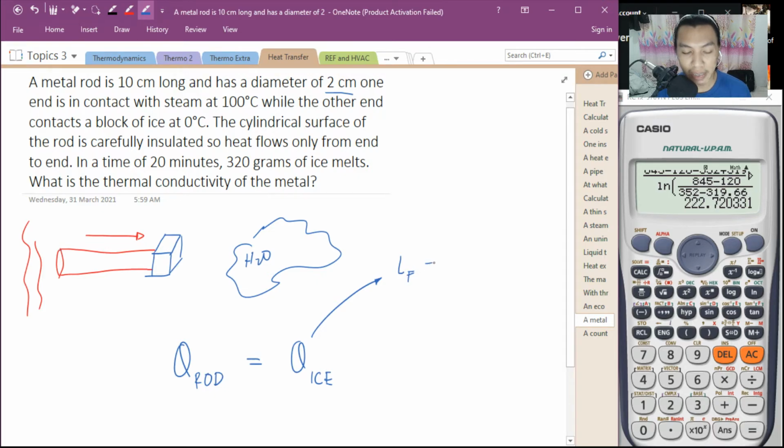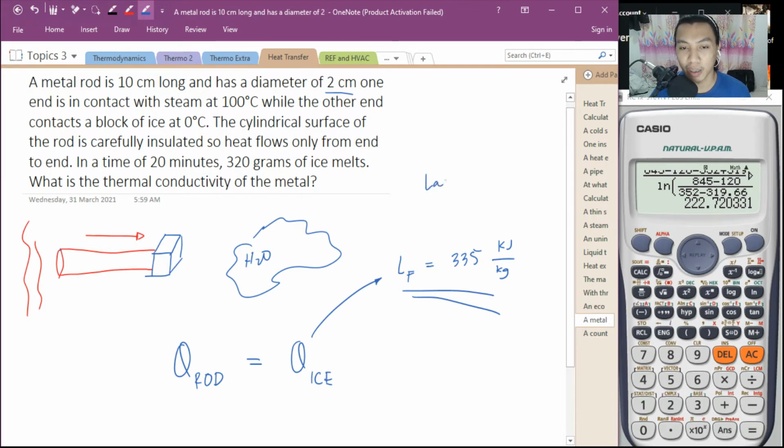What is the latent heat of fusion of water? That is 335 kilojoules per kilogram. That is the energy you need per kilogram to turn ice into water. This is the latent heat of fusion.